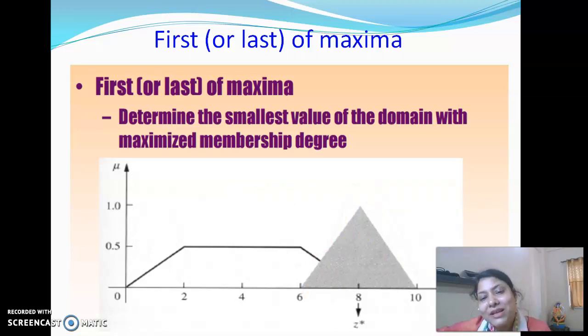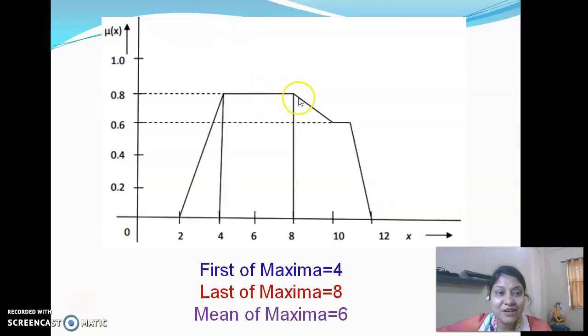So what would be the case if we have a plateau at the degree of membership value of 1? This is a kind of case where we can have this kind of membership function for any fuzzy set.